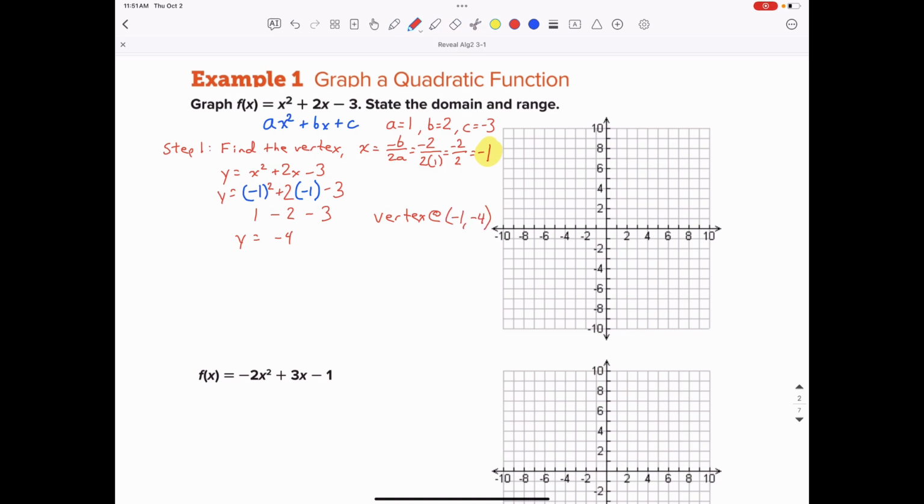This is by far the longest step of the process, to find the vertex. But it is our starting point, and it is the most important point. So I'm going to place a point at negative 1, negative 4, which is right there, as you can see on the graph. That is step 1. Step 2: the c value is the y-intercept.